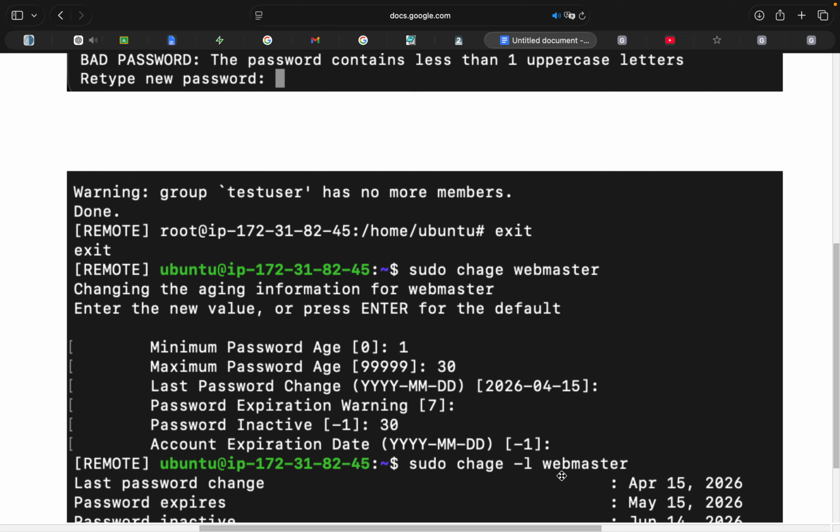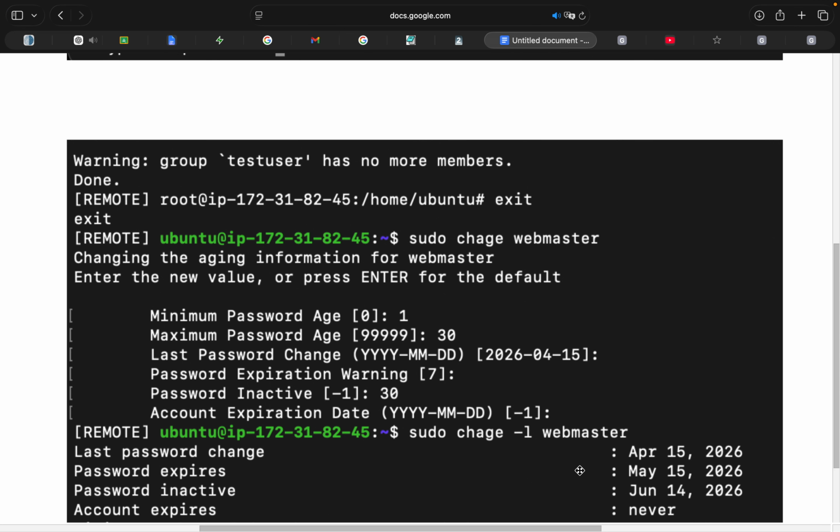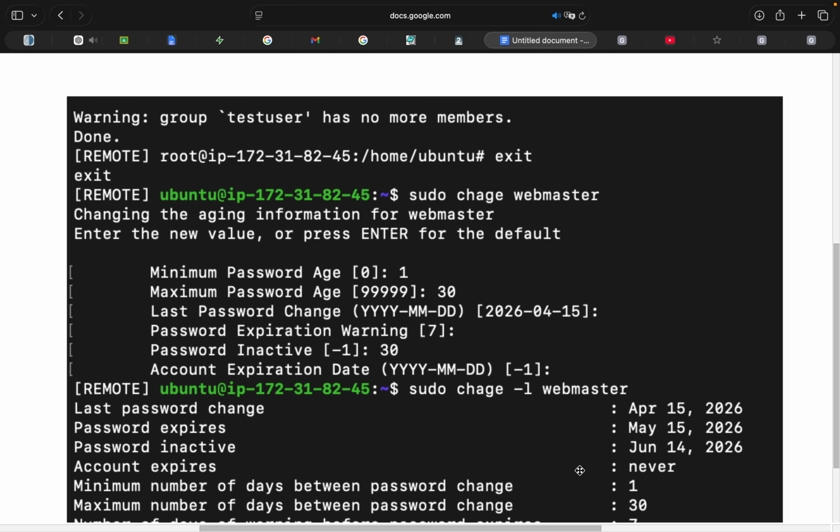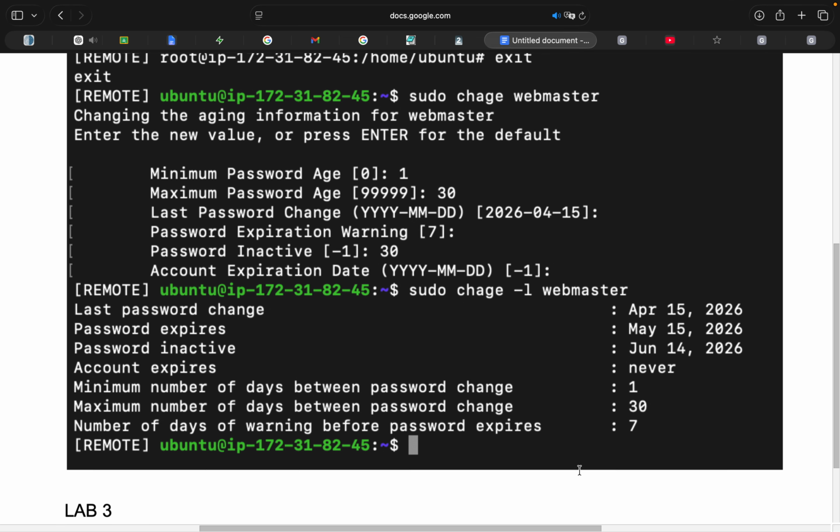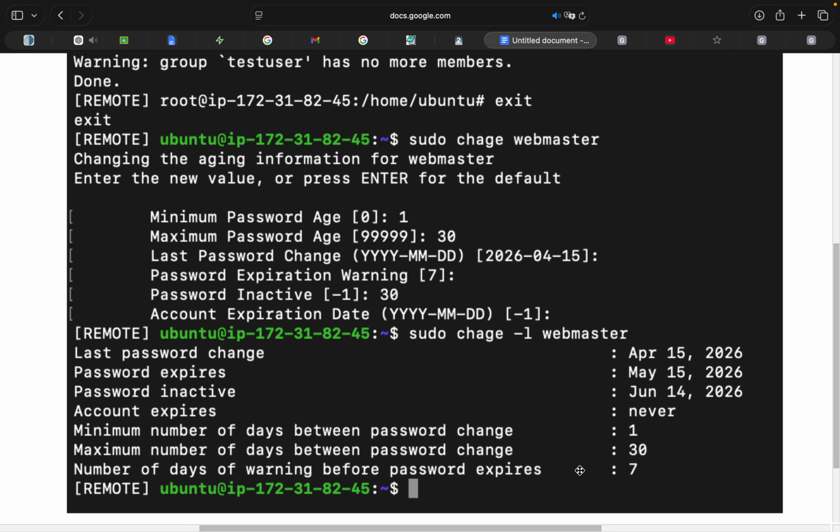By automating the expiry, I'm making sure that even if a credential was to be compromised, the risk window is limited, and the output I pulled shows that the system is now managing the account's life cycle. You can see that here, and that's lab 3 complete.